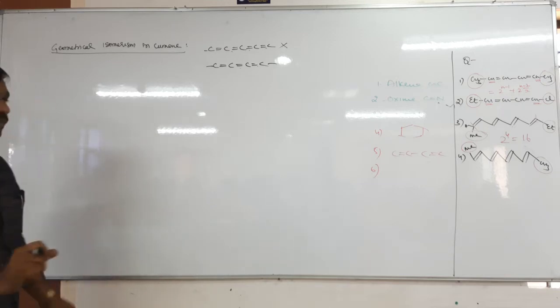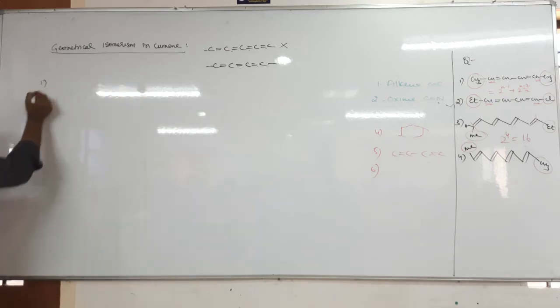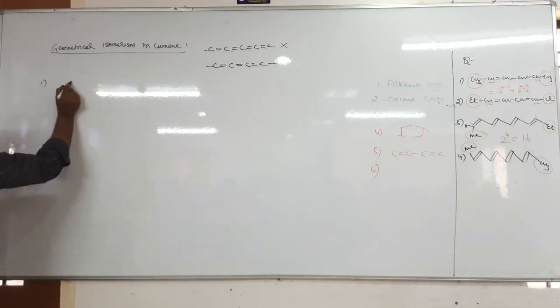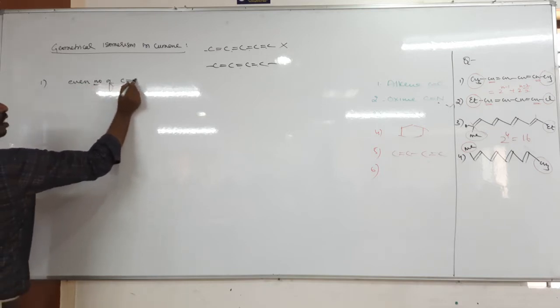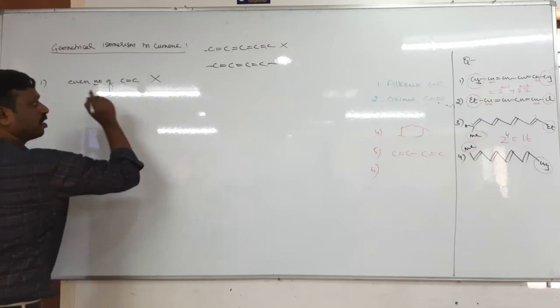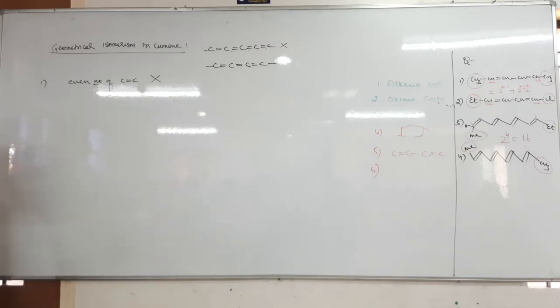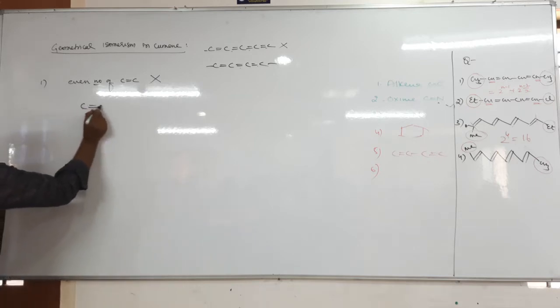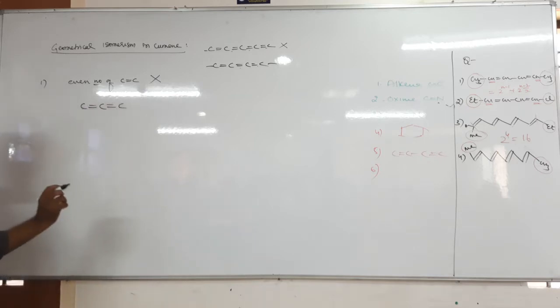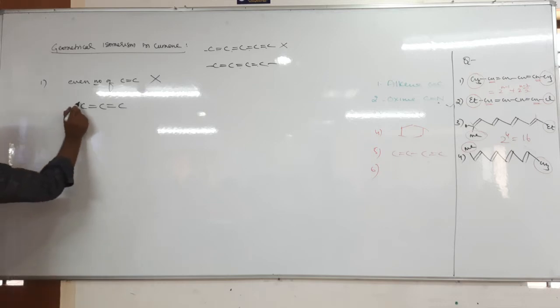Then what is the reason? So listen first, a cumulene with an even number of carbon-carbon double bonds does not exhibit geometrical isomerism. This is because, for example, let us take this one. If there is an even number of carbon atoms, then the hydrogens on the terminal carbon atoms are present in different planes.